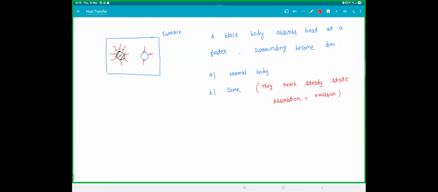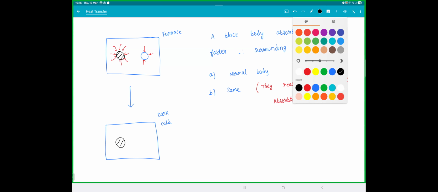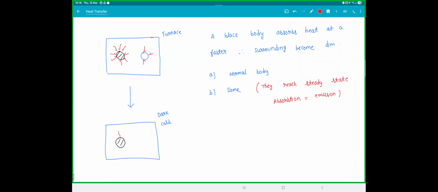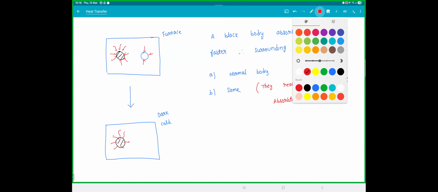Then what you did, you took them and kept them in a dark room. Now remember, the black body got heated up, so it is emitting now. It's emitting more compared to the normal body.